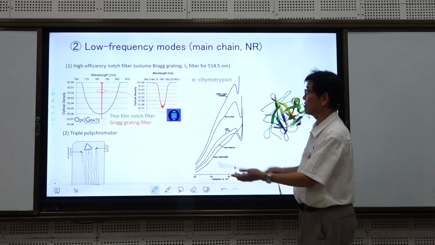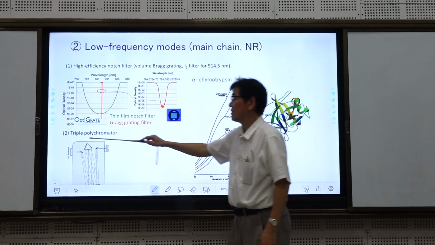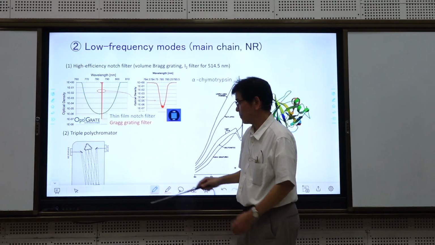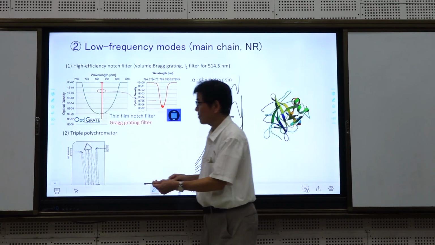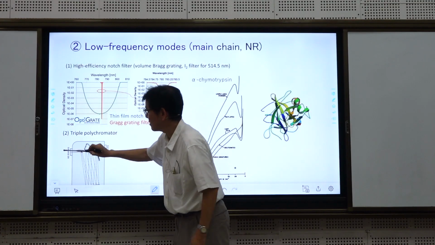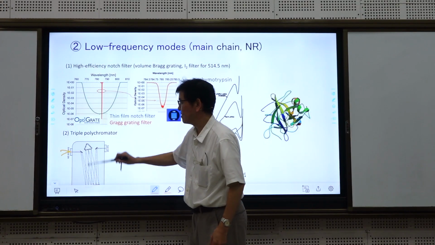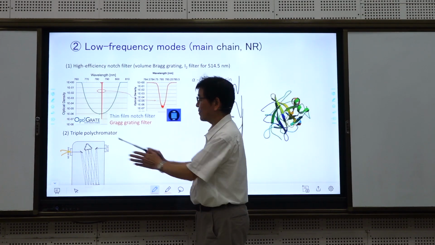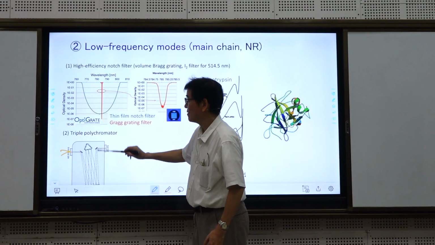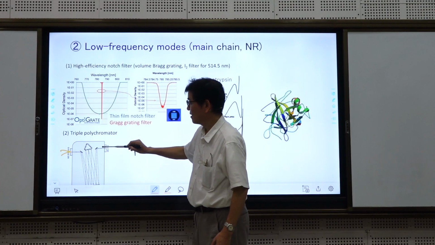Well, there is one more method to detect the low frequency mode. We can use a triple polychromator. So this is the monochromator. When we introduce the light, this grating separates the light according to the wavelength.